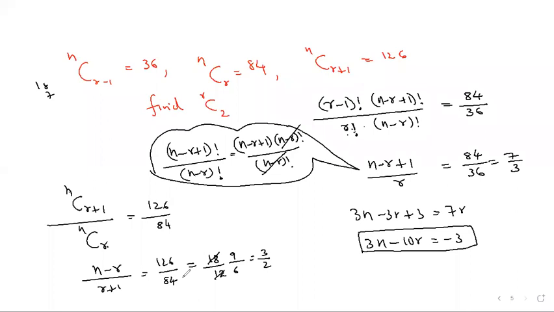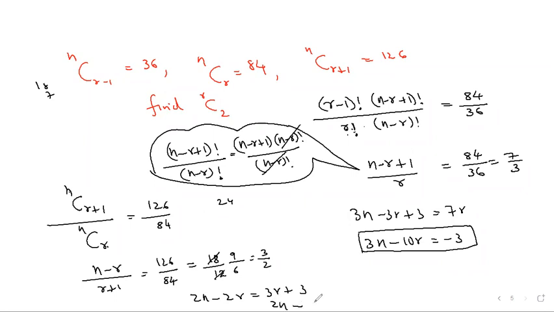Is my calculation correct? 24 into 84. 42 into 3, correct. So got the next equation? Everybody is so silent.